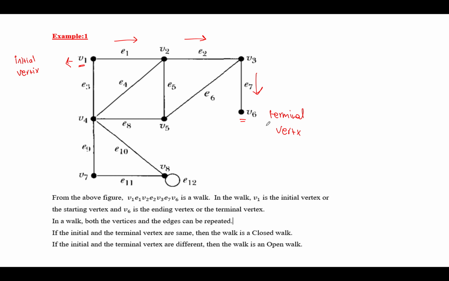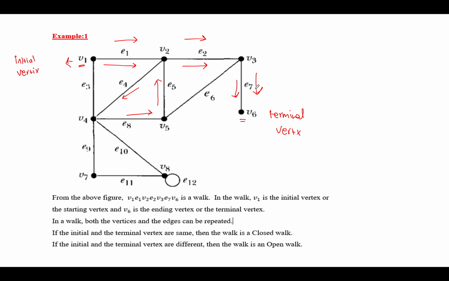In a walk, we can repeat edges and we can repeat vertices. For example, going through V1 to E1, V2, E4, V8, V4, E8, V5, E5, then we go E2, then E7. We can see that here we repeated V2, and we can also call this a walk.